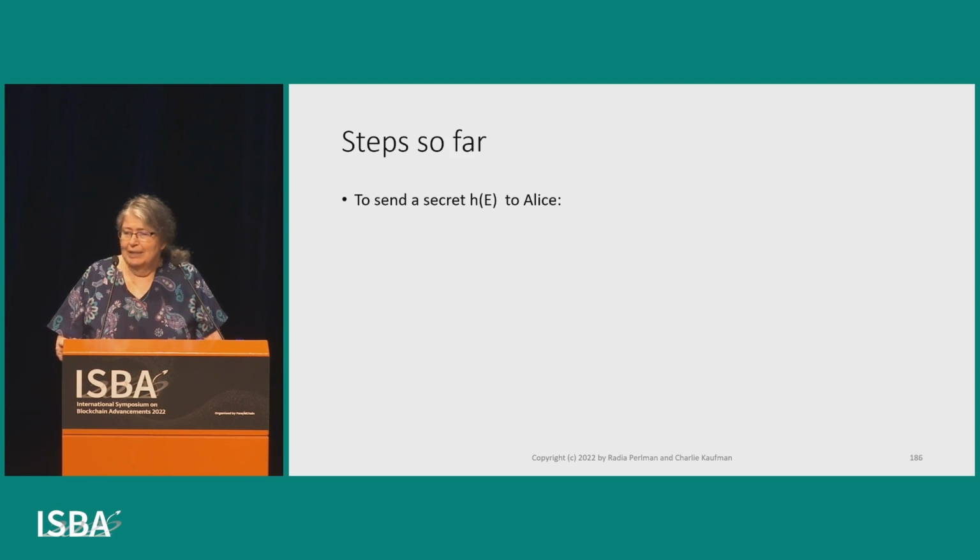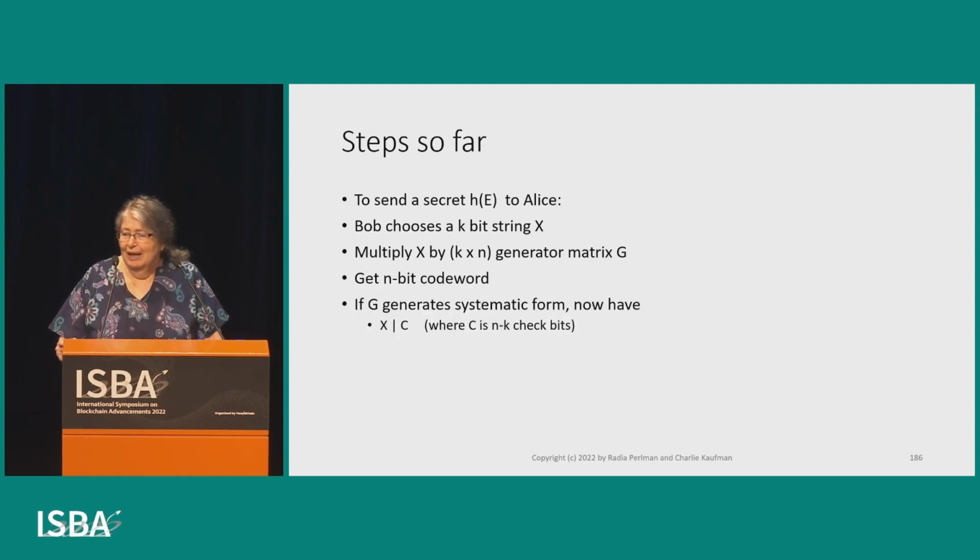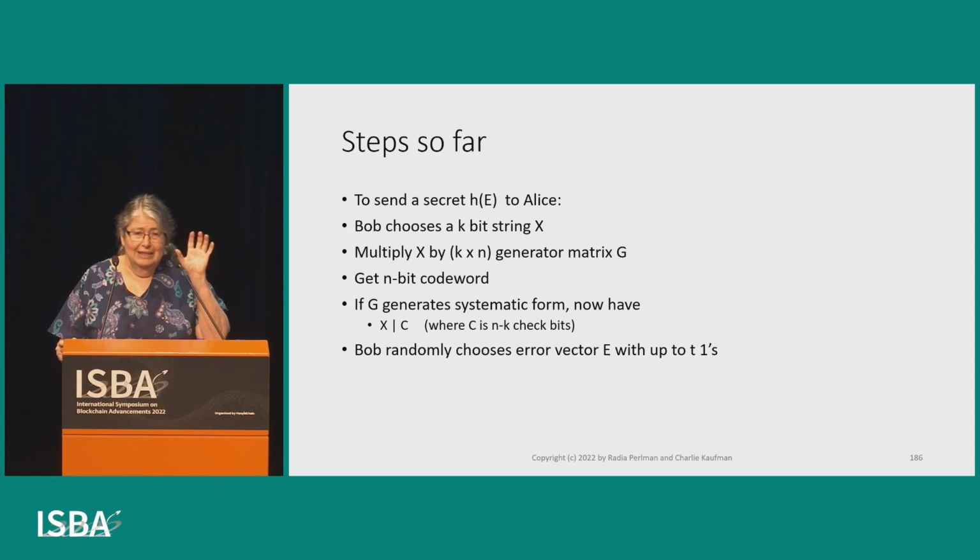To send a secret to Alice, Bob chooses a k-bit string x and multiplies x by the generator matrix, that is Alice's public key. He gets an n-bit code word, which looks like the original string x concatenated with these check bits. And Bob randomly chooses an error vector with up to t ones.